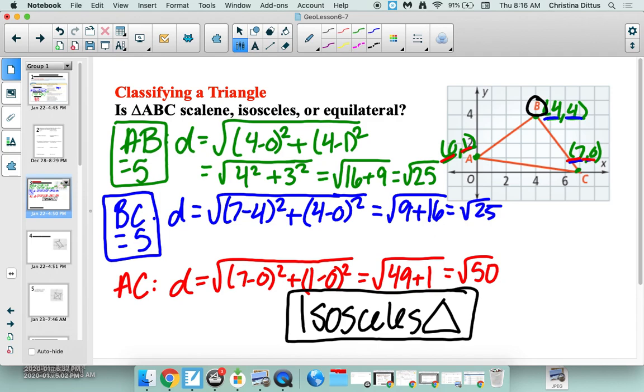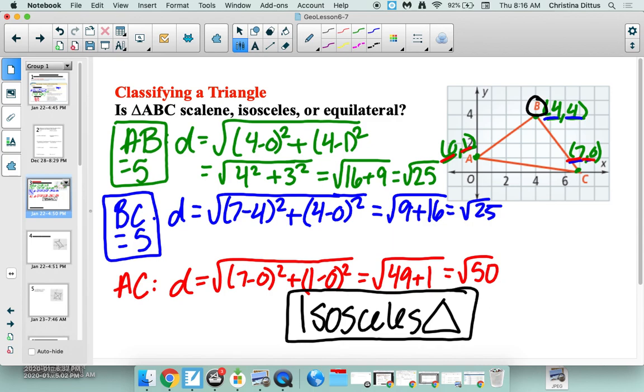To determine if I have a right angle, am I going to use the distance formula? No. Am I going to use midpoint? No. What's left to use? Slope. And if I have a right angle, what do I know about those slopes? Are they going to be parallel or perpendicular?